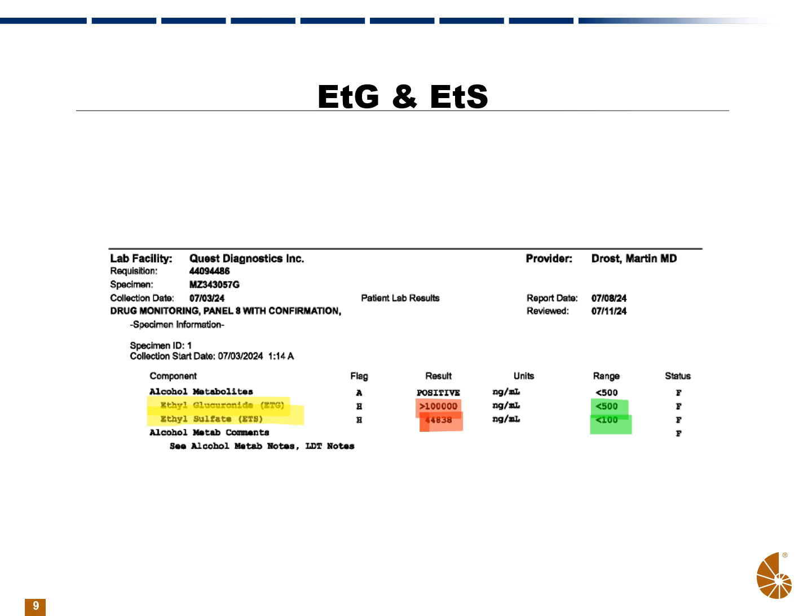And in green, I've noted what the normal levels would be, less than 500 for ETG and less than 100 for ETS. So this person obviously had high ethanol intake, and in the detection window was found to have a positive test for both ETG and ETS.